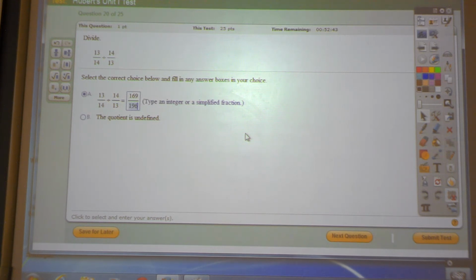I don't know if that's reducible or not. 3 would about be the only thing that could go into either one of them, but I don't think it is. 13 maybe. 13 will go in the top one. 13 won't go in the bottom one. So I think that's pretty much the answer. Multiply by the reciprocal.